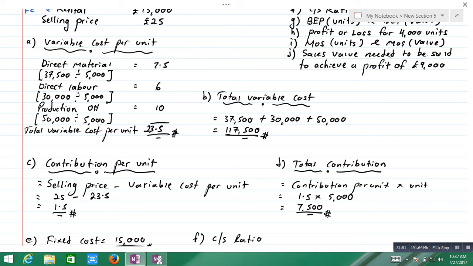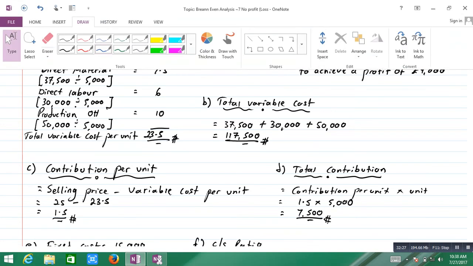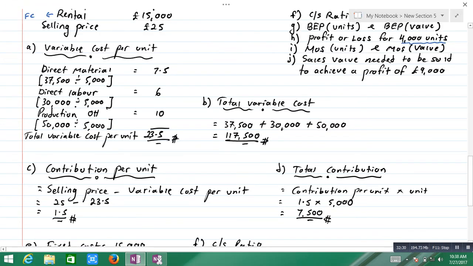If you look at the question here, they ask what is the profit or loss for 4,000 units. Now we can use the formula, which is what we call the targeted sales formula. We want to find the profit or loss for 4,000 units, correct? Now we can use the formula and we reverse the formula.